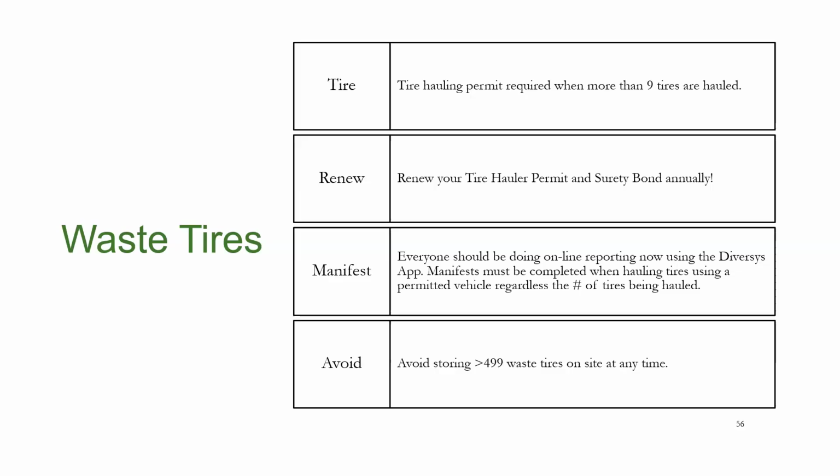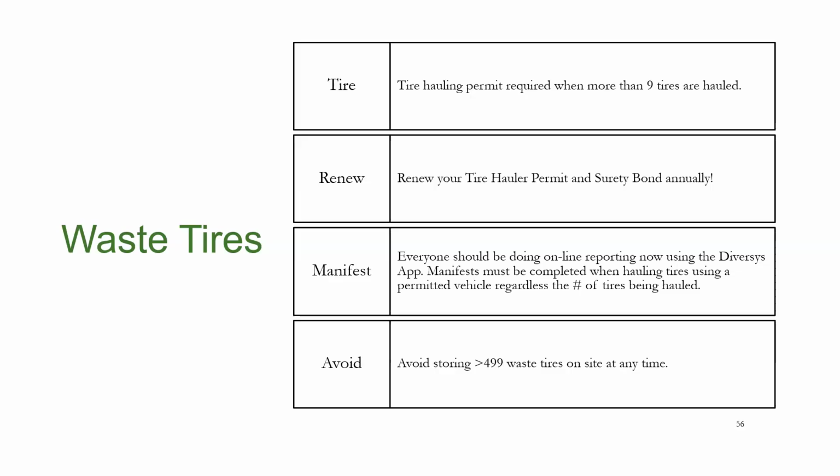They just need to make sure that they document exactly where they got those tires so that you can manifest them. This may help you guys in saying, hey, we found these tires there, and now you need to go out in a permitted vehicle to go get them. That can save you guys time and money. Just make sure that everything's being tracked and documented correctly.